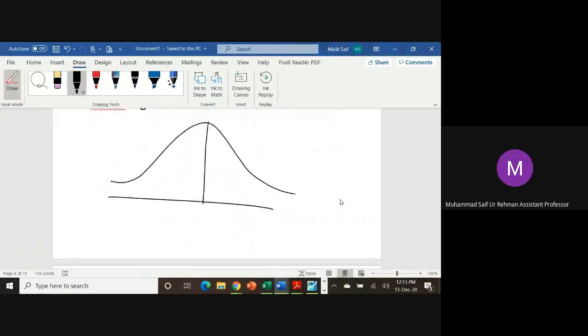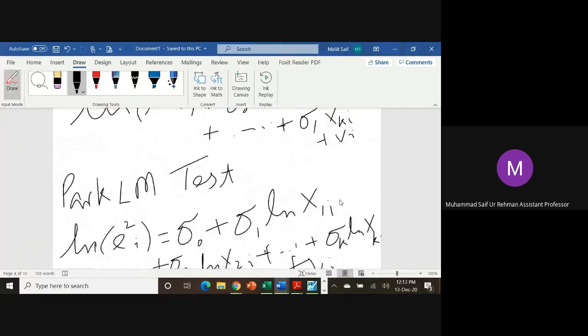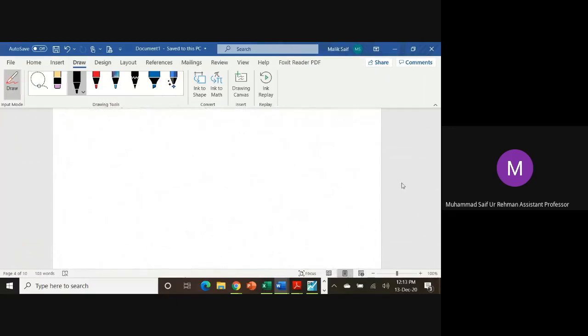Okay, so this was the White test, and there is another test that we call the Quenker Bassett test.